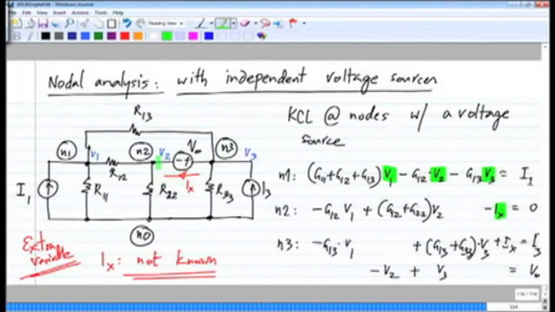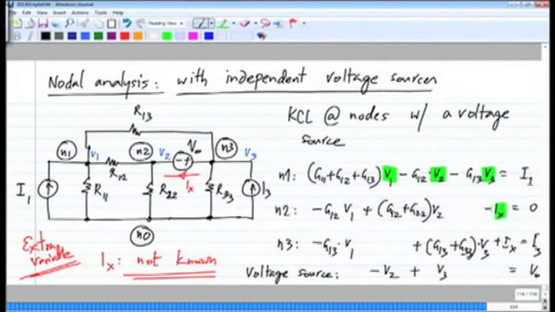Some of you gave the answer that V2 minus V3 is V0. No, it is V3 minus V2 equals V0, with the polarity. So now I have 4 equations, the KCL at the 3 nodes plus the equation for the voltage source, a system of 4 equations in 4 unknowns, and I will be able to solve this one.